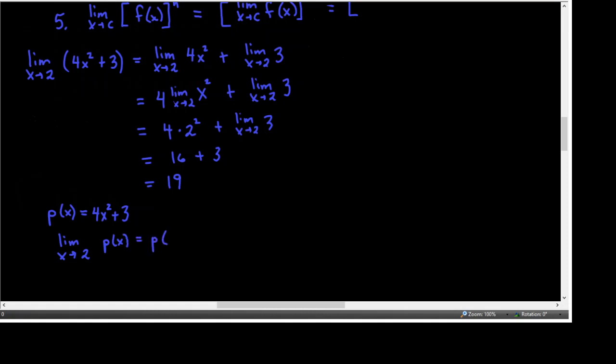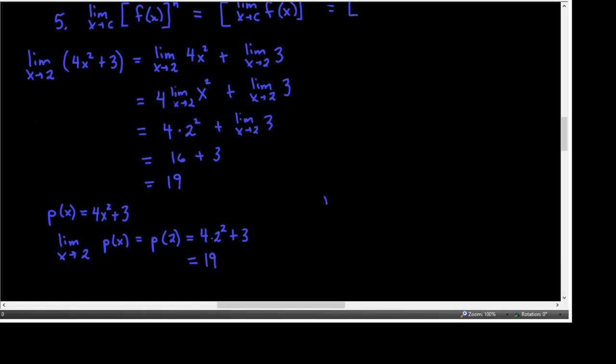Because if I substituted 2 into that polynomial, I would have gotten 4 times 2 squared plus 3, which is, of course, what we did up above to get the answer of 19. So I'm promising you that for every polynomial function, direct substitution is valid for all polynomial functions.